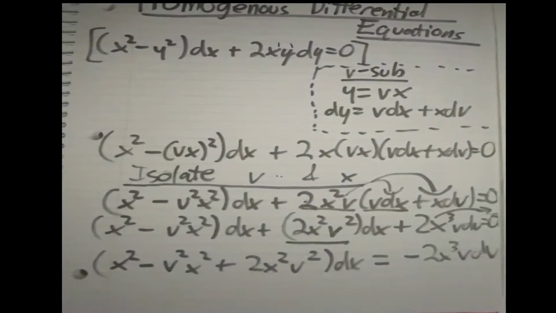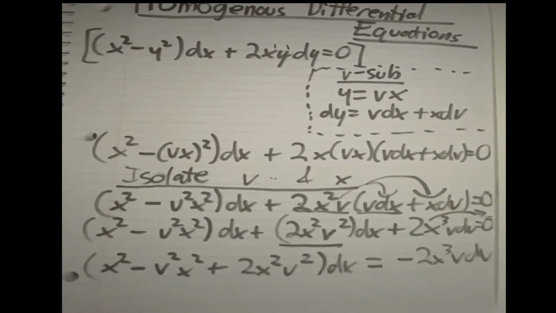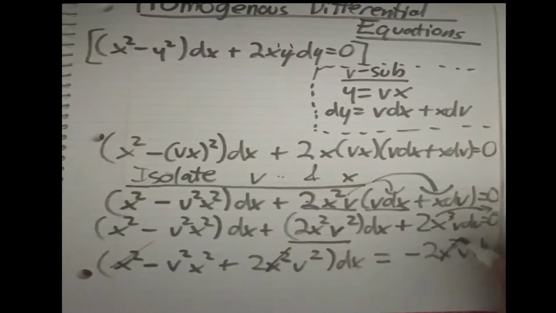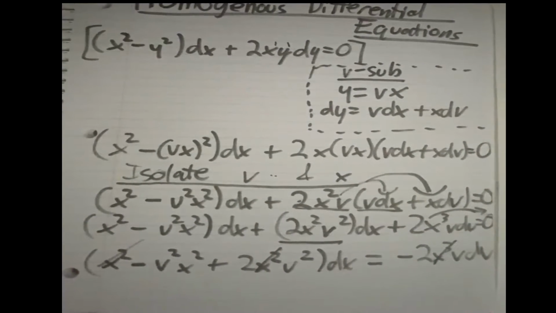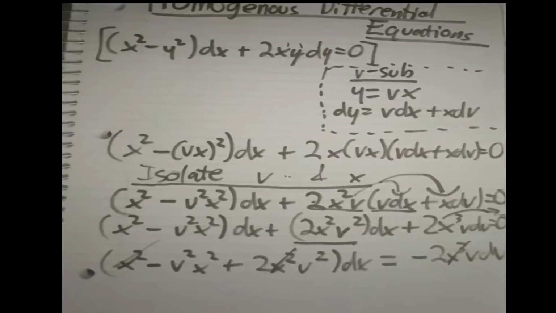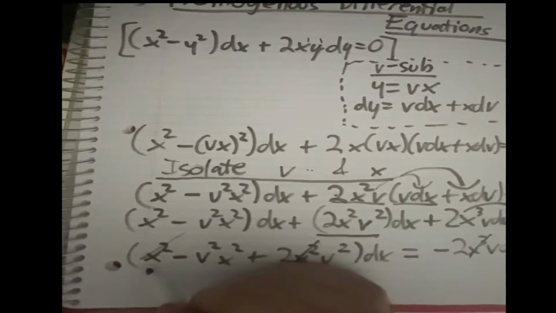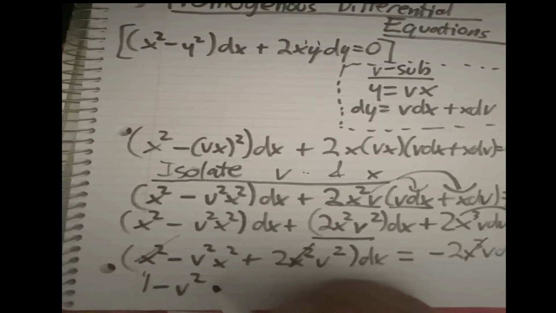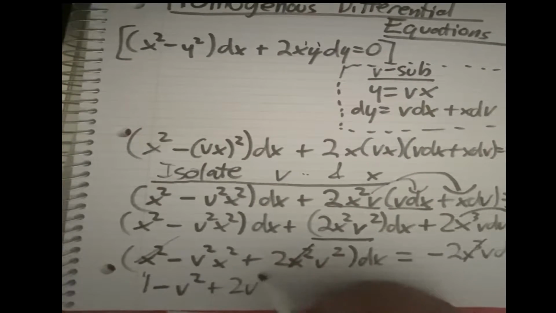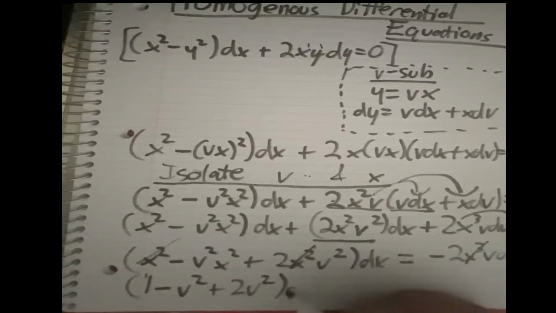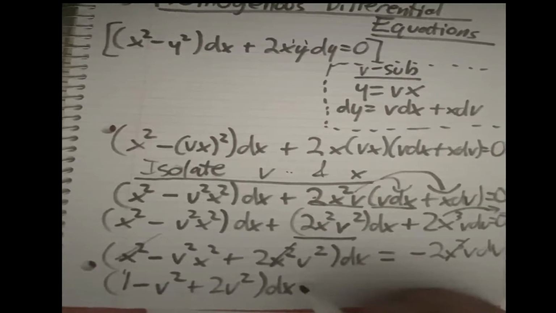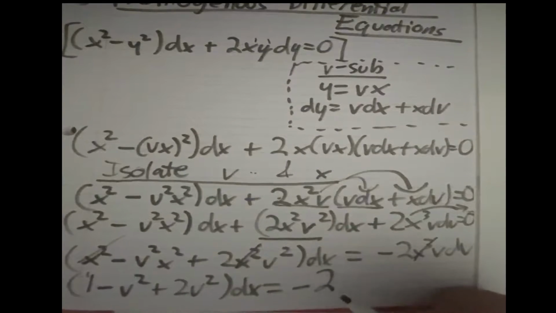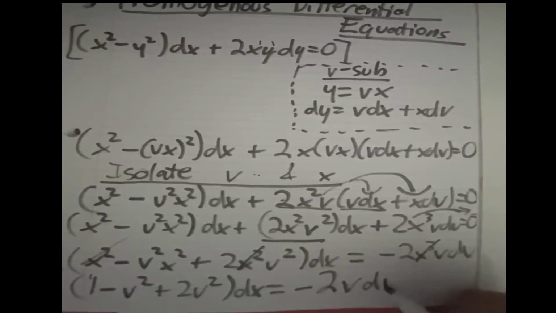Now the next step would be to notice that we can factor out an x squared, because we have an x squared on every single term. So we factor it out, and what we're left with is 1 minus v squared plus 2v squared, times dx, is equal to negative 2v dv.